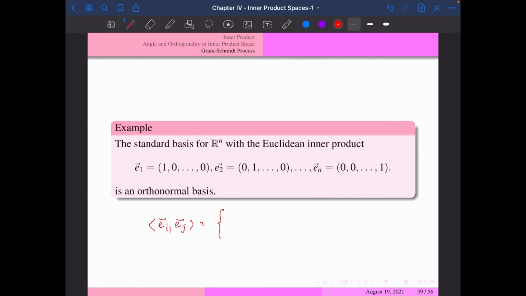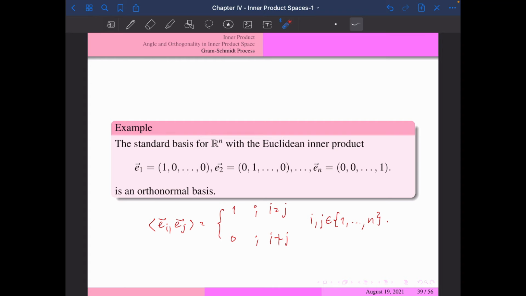The first is equal to 1 if i equals j, and the second is equal to 0 if i is not equal to j. This holds for i and j in the set 1 to n, right?